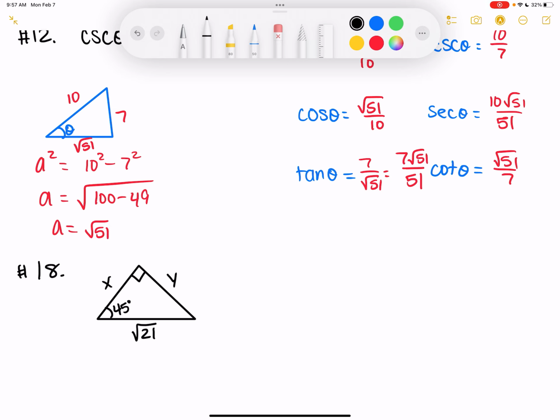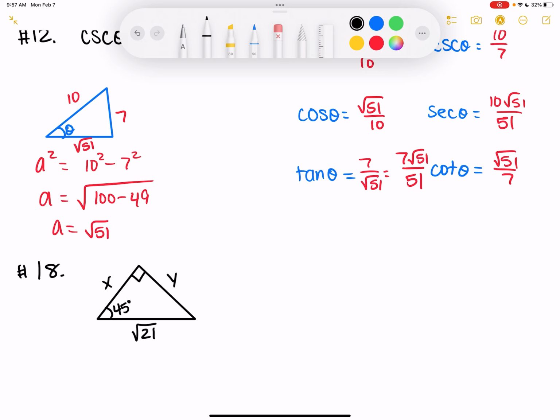So that's the hypotenuse. Wait, I did this wrong. That's fine. Now I'm going to ask if you remember anything about a triangle that looks like this from geometry. 45, 45.